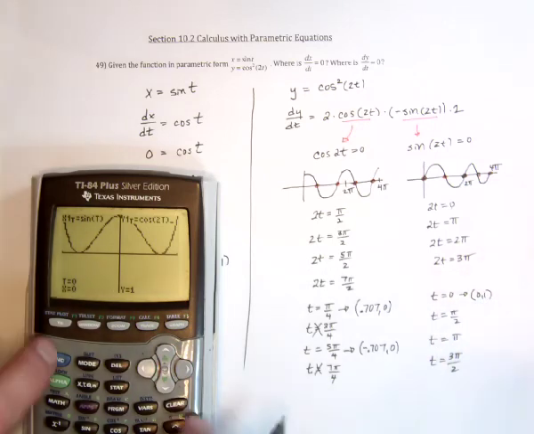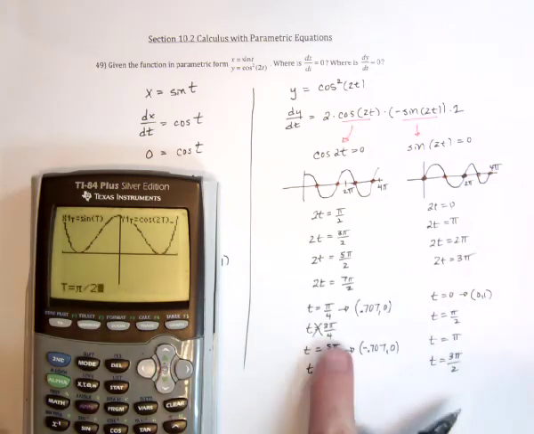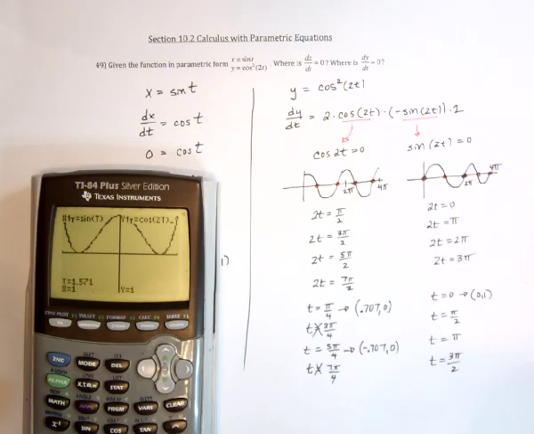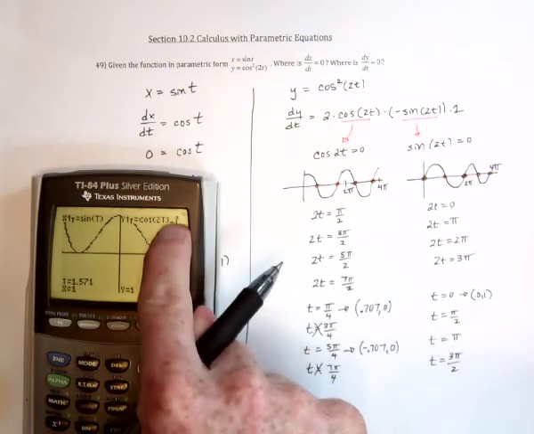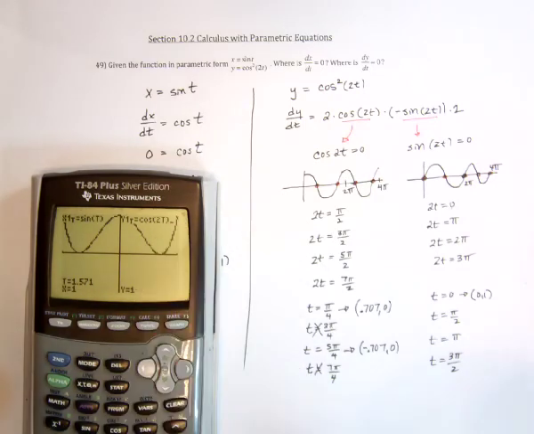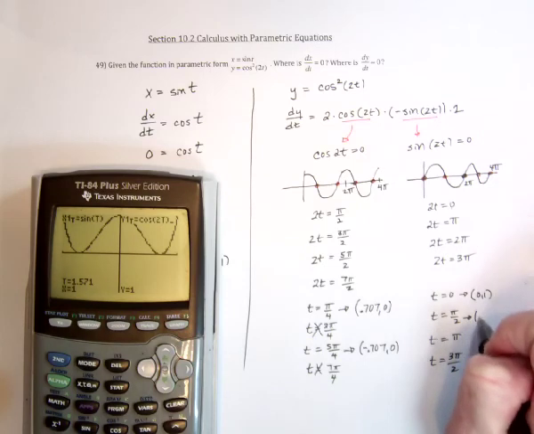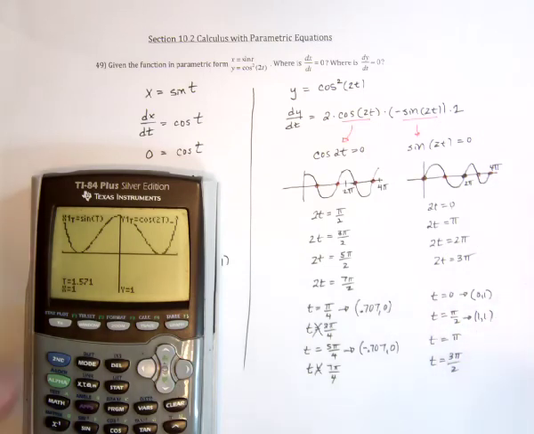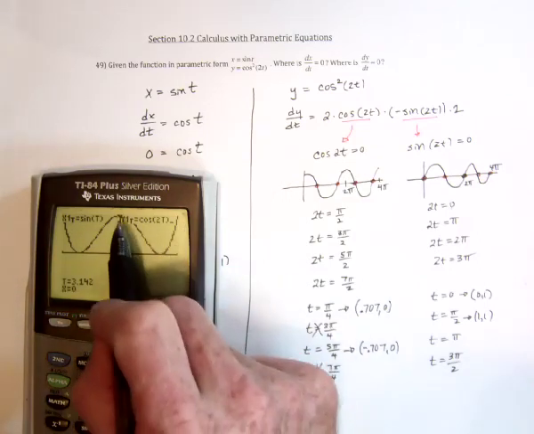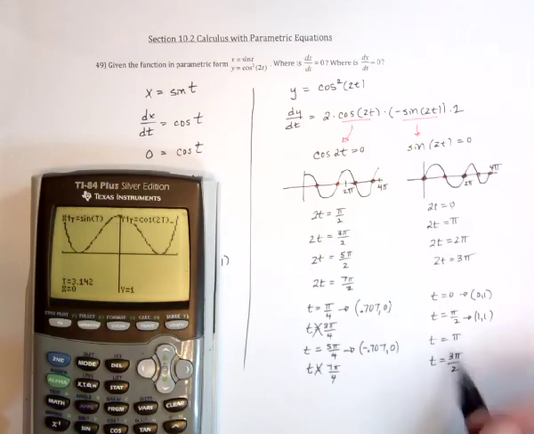Pi over 2, if it follows this pattern, it's going to be repeat information. Oh, it's not. It's over here in the upper right-hand corner. 1, 1. Pi. Okay, that's when it went over, then came back to here. So that's not needed. And then 3 pi divided by 2 is the upper left-hand corner, -1, 1.